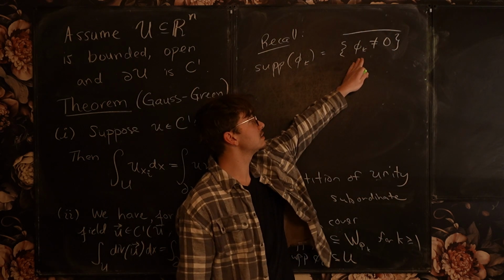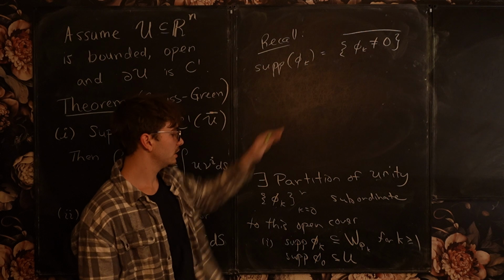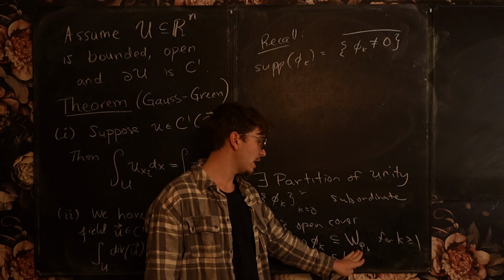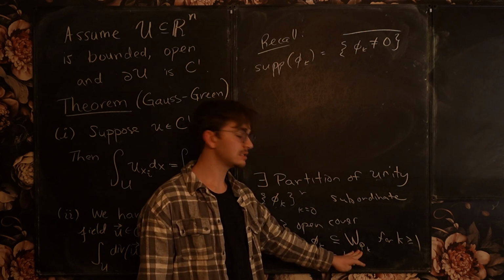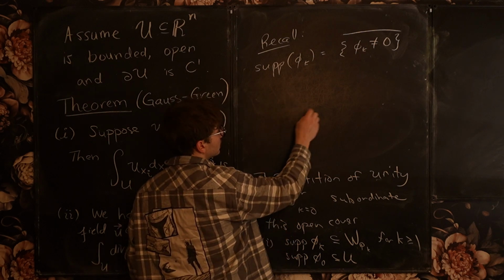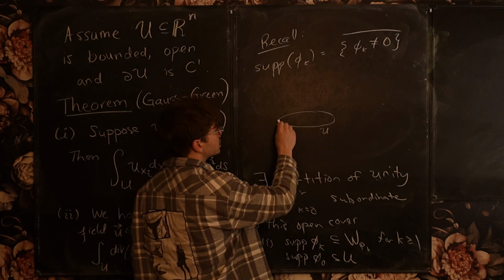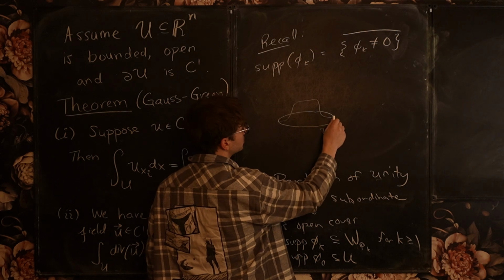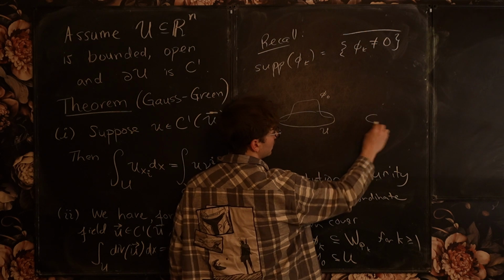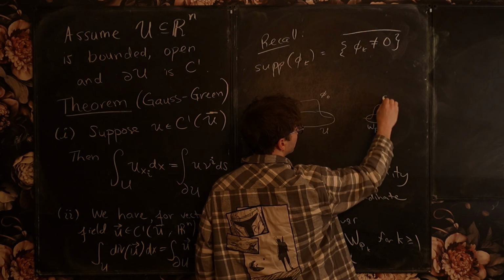So I look at all the points where phi k is not 0, and I take its closure, and that's its support. So what this is saying is that everywhere outside of these open sets, the phi k's are 0. For each open set, let's say U here, I've attached a function, say this is phi 0 for U, and for W_p1 I have a different function, phi 1.